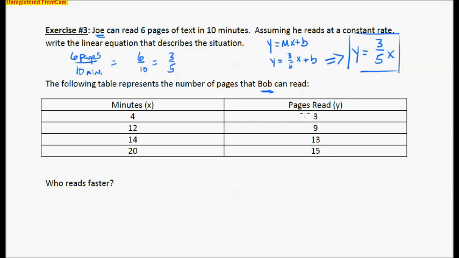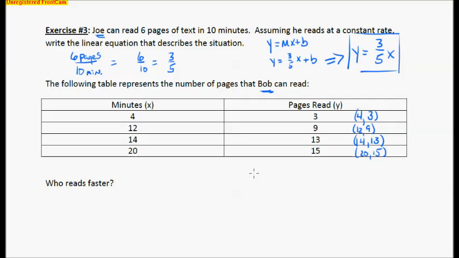Well, this could be like points on a graph, 4 comma 3 and 12 comma 9, and 14 comma 13 and 20 comma 15. Those could all be points on a graph that would describe how many pages he can read given a number of minutes.